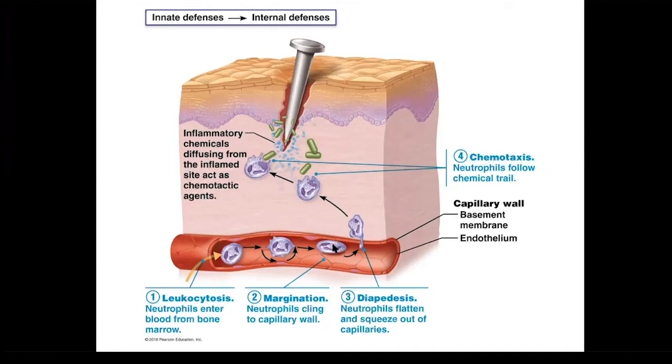Diapedesis is the leukocyte, and we're talking about neutrophils here, leaving the blood vessel by squeezing in between two adjacent endothelial cells. And then positive chemotaxis is the leukocyte moving toward chemicals that are released by the damaged tissue or by the pathogens themselves.